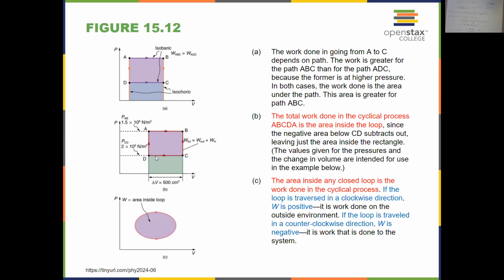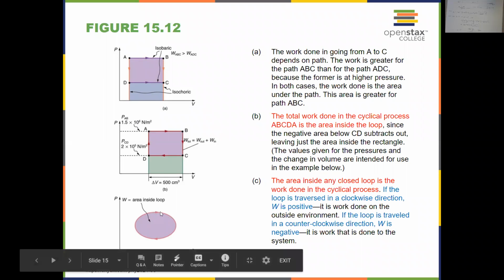So for this cyclic process, that means returning to the initial state, so-called cyclic process, the area enclosed by the process will be the net work done by the system to the outside surrounding. Now, in general, you might have changing pressure or changing volume.